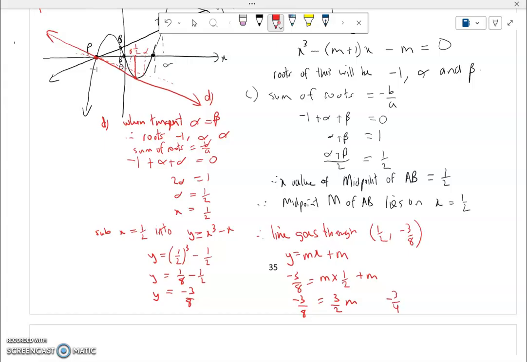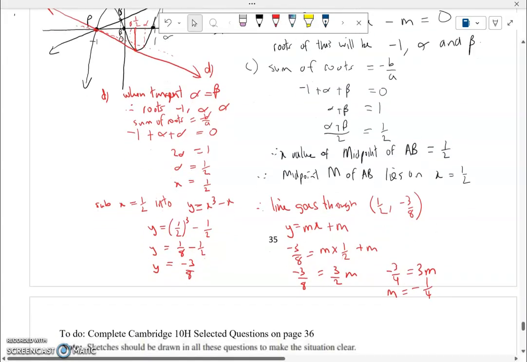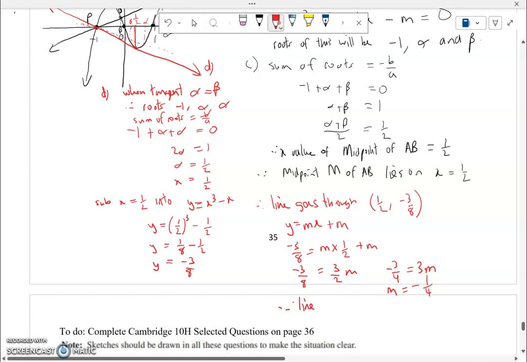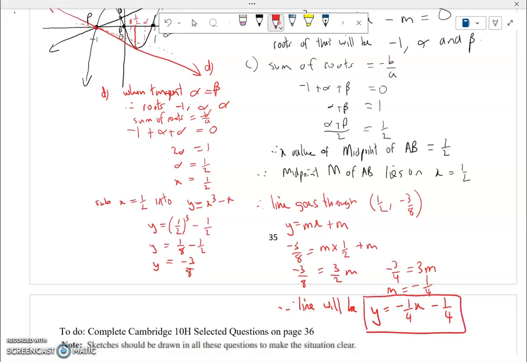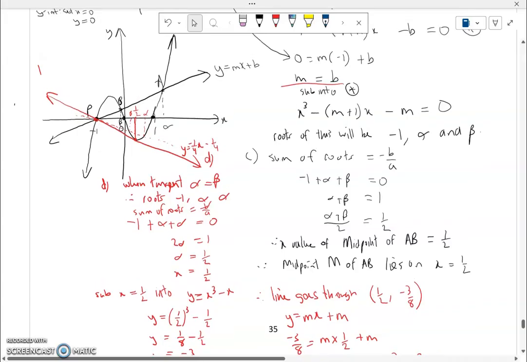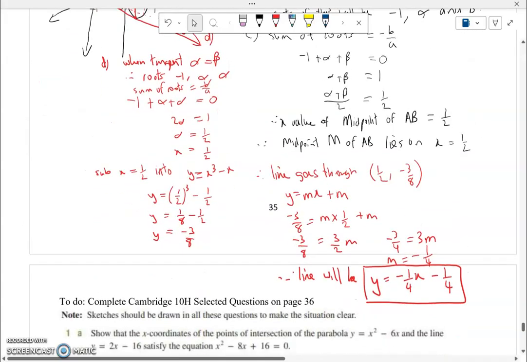If I times by 2, that'll be -3/4 is equal to 3m, and divide by 3, m is going to be -1/4. So therefore the line will be y equals -1/4 x minus 1/4. So that line there, -1/4 x minus 1/4, will be the equation of this line here that is tangent. That goes through P and is tangent elsewhere.